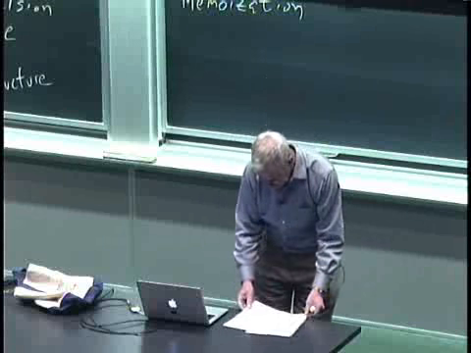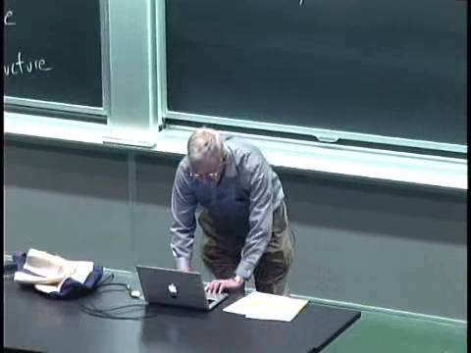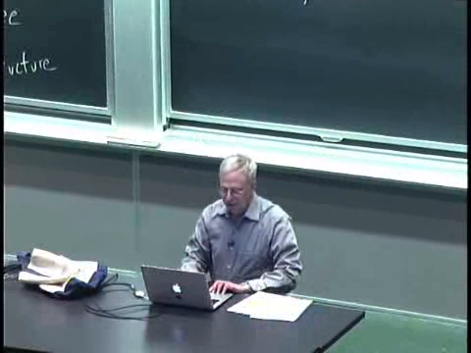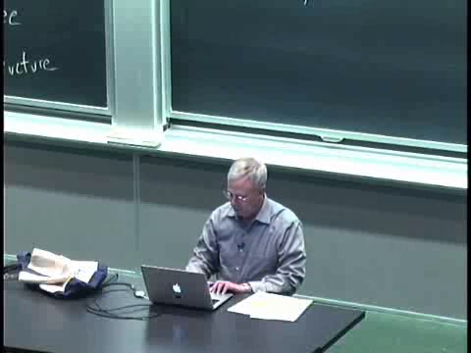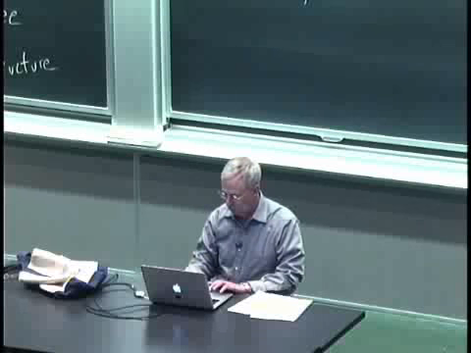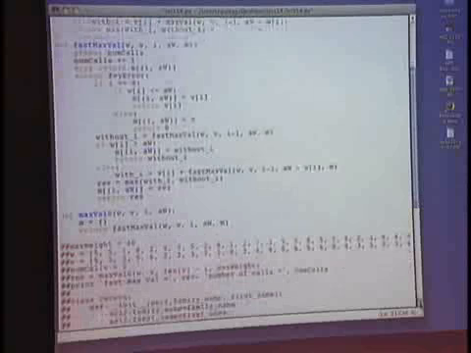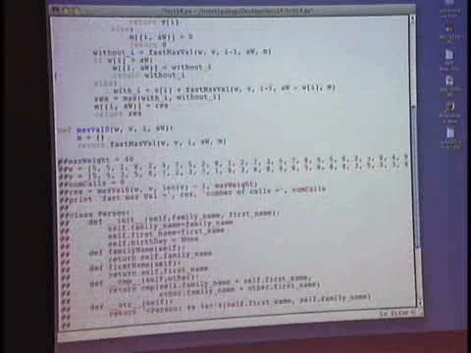All right. Now let's look at it. So here's the fast version. We looked at it last time. I'm not going to bore you by going through the details of it again. But we'll run it.